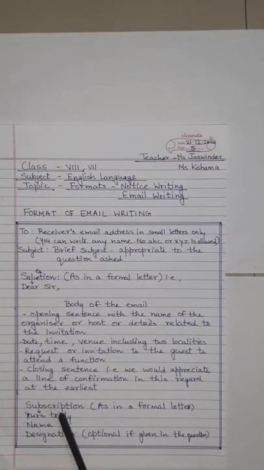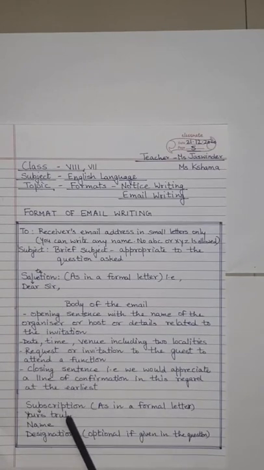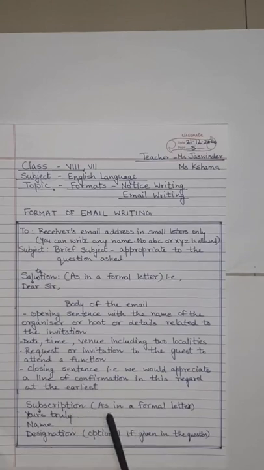So students, you know, salutation and subscription we write in a formal letter. In the same way, you will be writing subscription as in a formal letter like yours truly, yours sincerely, yours faithfully, yours obediently.